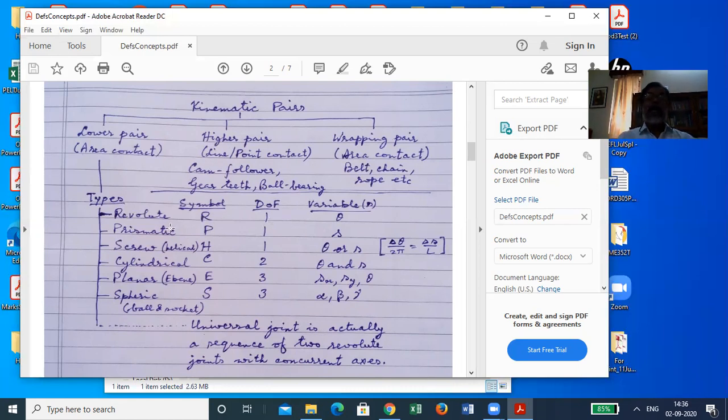Similarly, if the relative motion is like this, sliding, okay, and not rotation, only sliding, okay, then that kind of a pair is called prismatic pair. As if this is a cross section of a prismatic body and this is a prismatic hole, and they can only slide. You know why it is called prismatic?